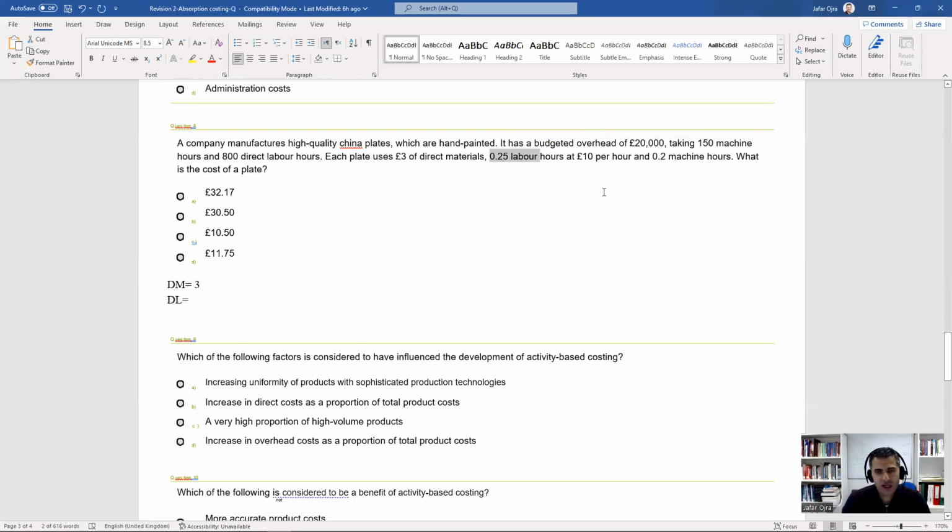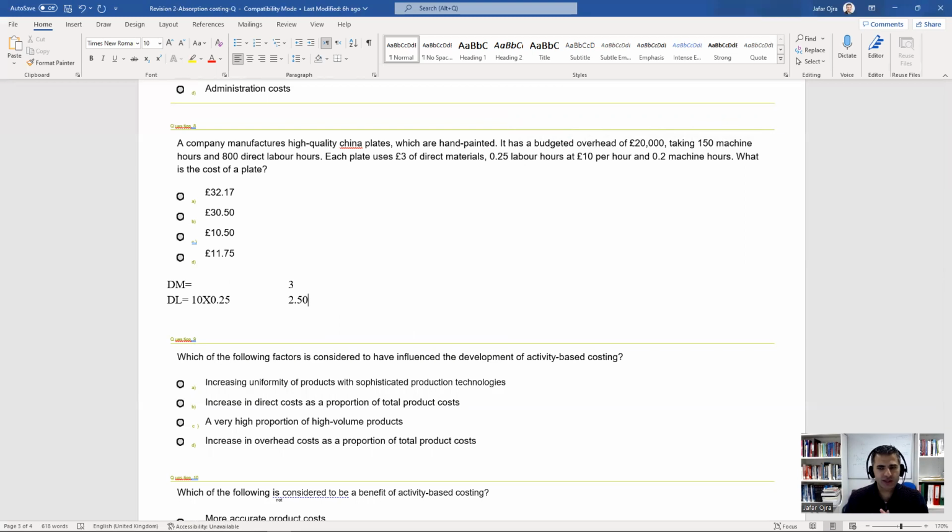So 10 multiplied by 0.25 gives 2.50. So that's direct labor, £2.50.